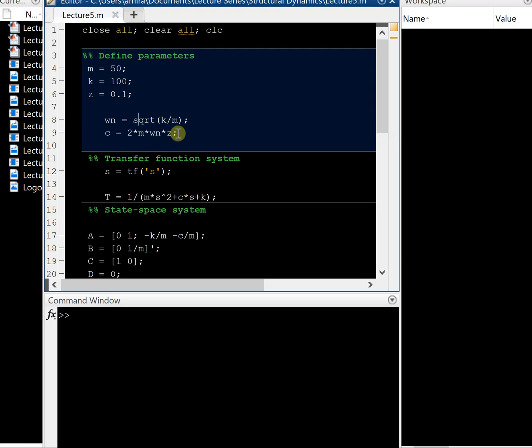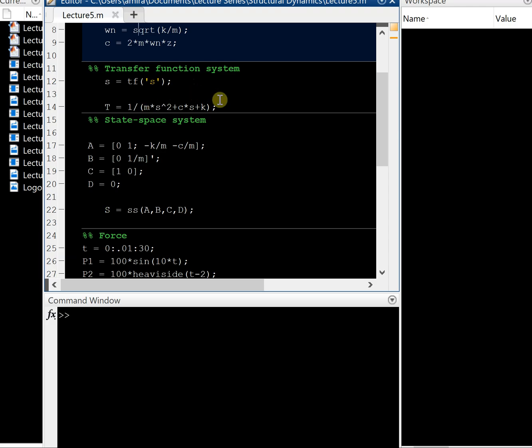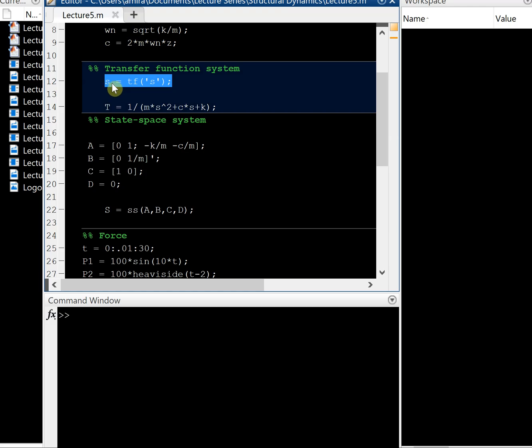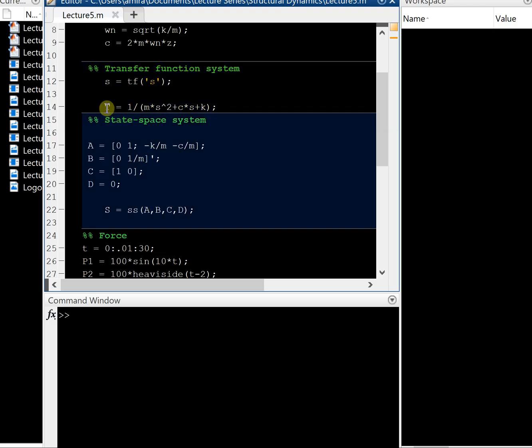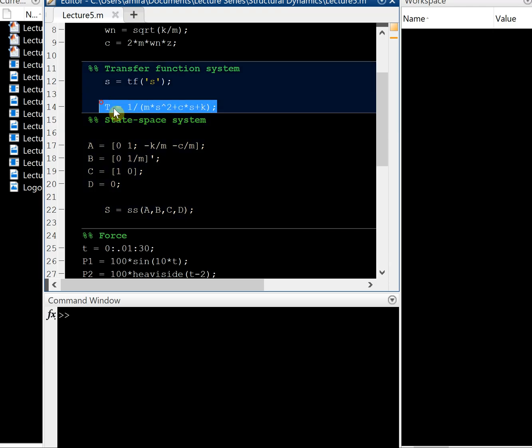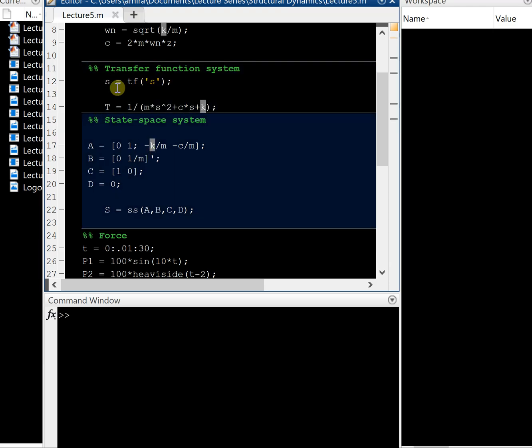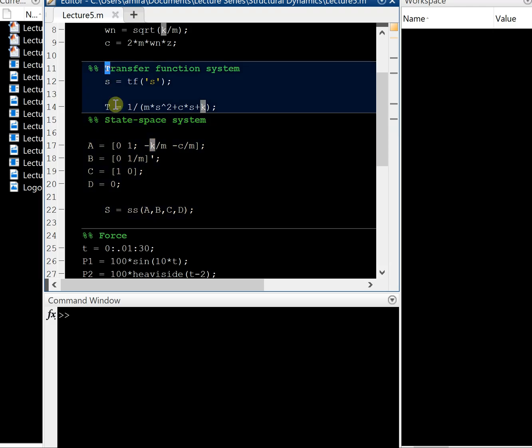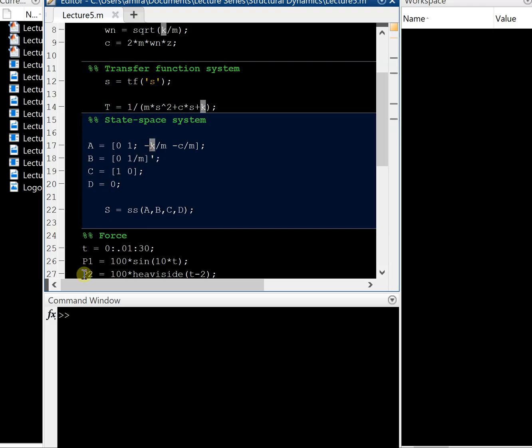So what I can do is to introduce this Laplace variable s via this equation here. So I can have TF and then put s in there, and you can simply write your transfer function system the way I've written it here, and I'm going to call the transfer function system starting with the first letter. I'm going to call it T.